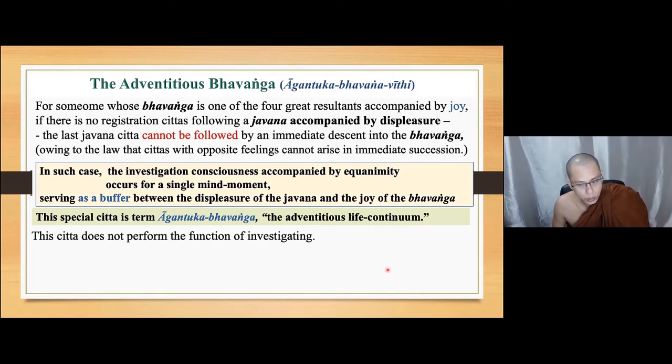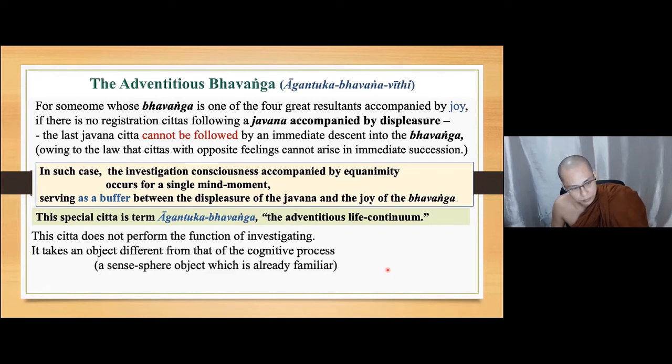So what about the object? Okay, we have the name of that moment, and what about the object? Because it does not have the same object as the patisandhi and bhavanga as in the normal bhavanga, we need to identify the object. If it were the same as the original bhavanga, we could say that it is the original bhavanga, but it does not take the same object.